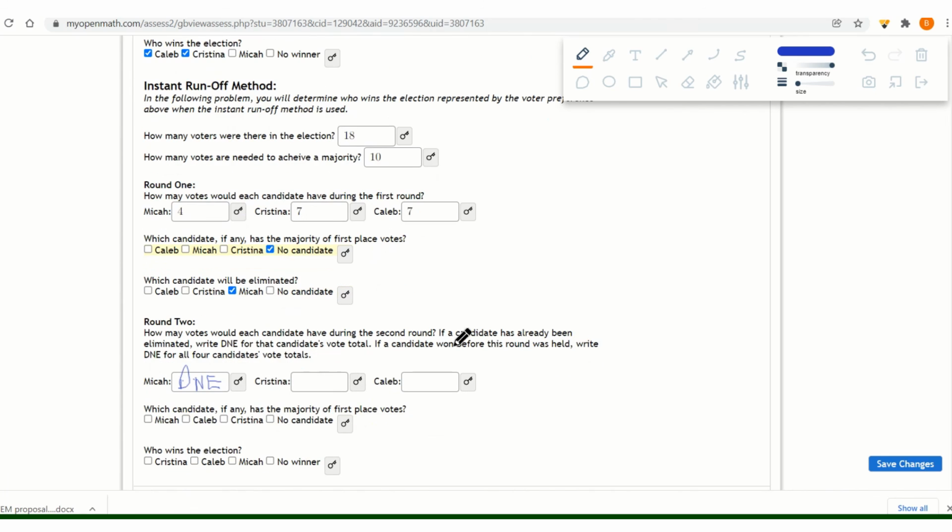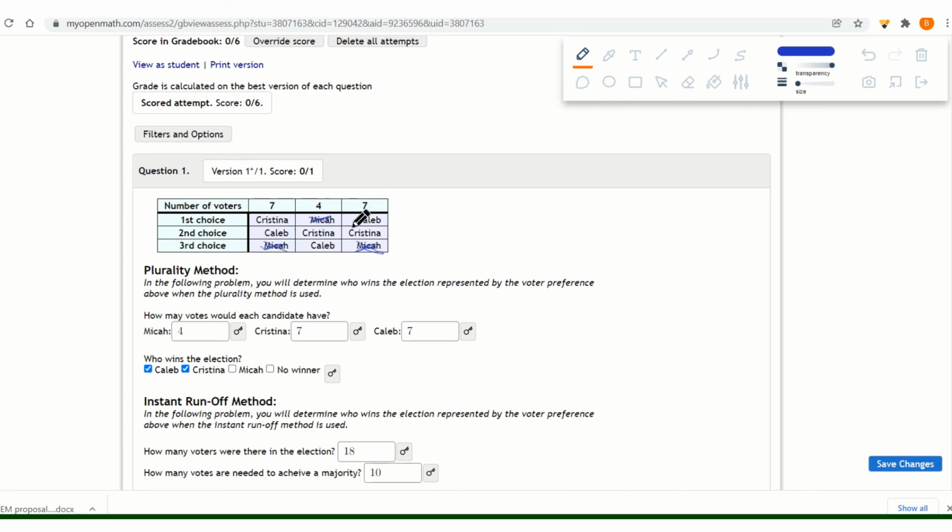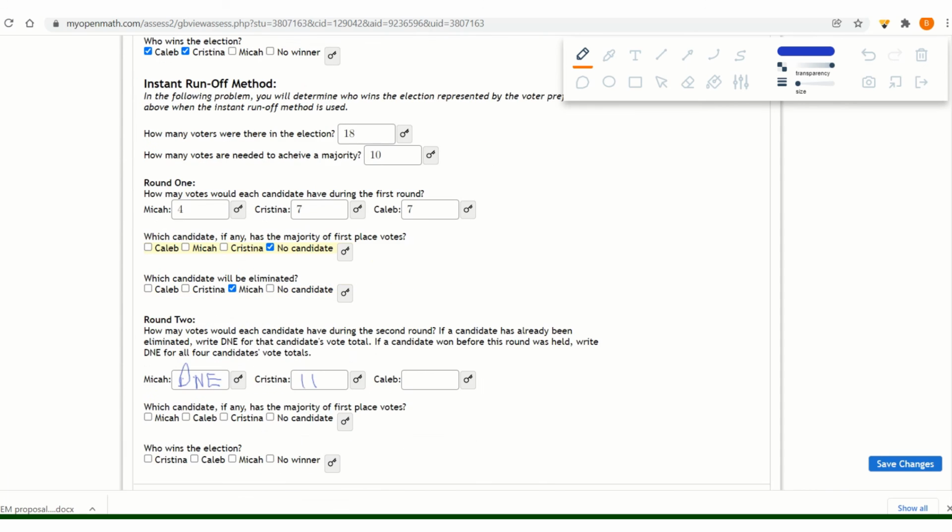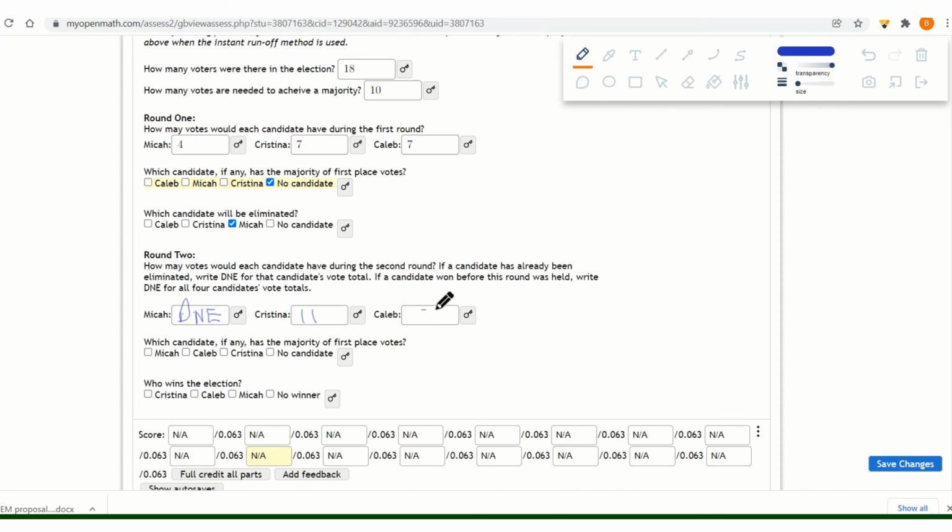Let's go down here and give Christina 11. And then Caleb has that last 7. He's still first in line at the top of those 7, so he gets 7.